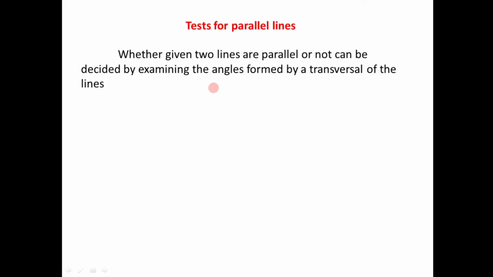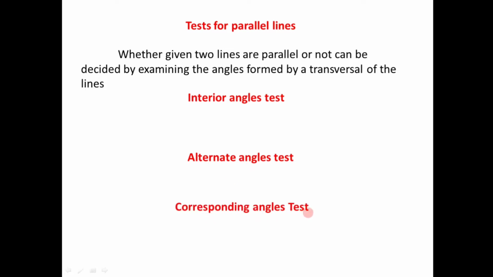We are going to use those angles to decide whether the given lines are parallel or not. So those tests are called tests for parallel lines: the interior angles test, the alternate angles test, and the corresponding angles test.